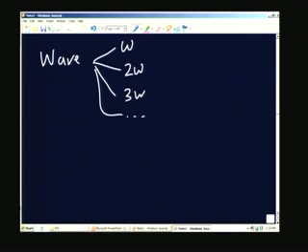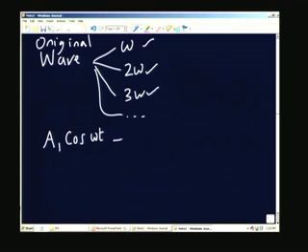That means that the original wave is now consisting of a certain fraction of this, a certain fraction of this, etc. We can write it as A1 cos omega t plus A2 cos 2 omega t plus etc. So, in other words, the original wave is now made up of components where A1, A2 etc. are to be determined by comparing the series with the original wave, and using the Fourier series method we can do that.